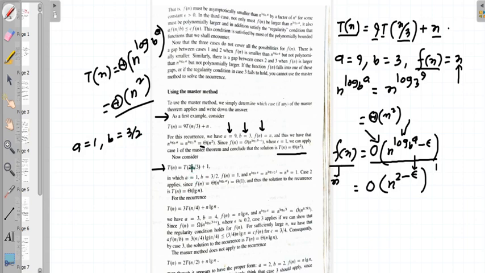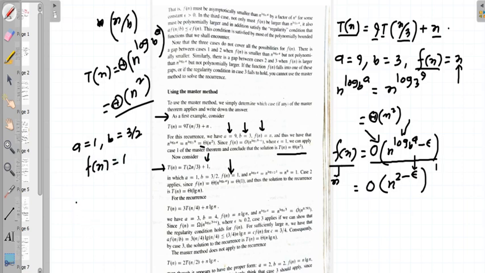So this is n divided by 3 by 2. It is the n by b form that we have already seen. So b equals to 3 by 2, and f(n) equal to 1.